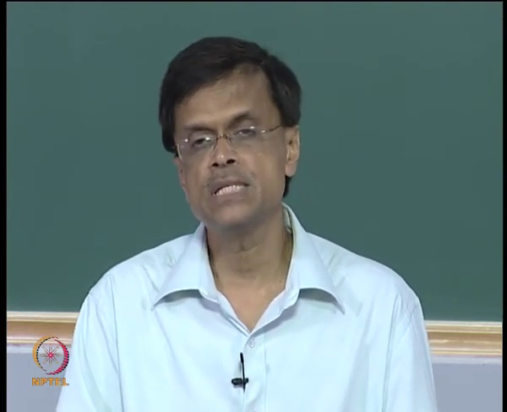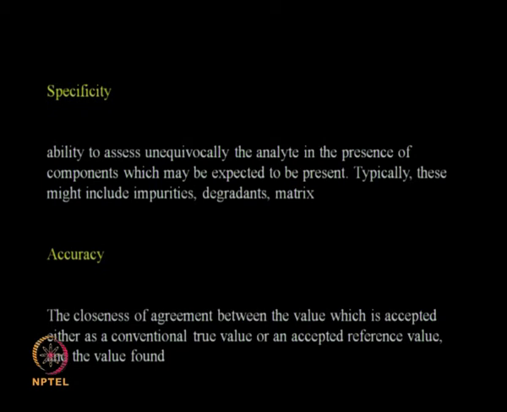Okay. Accuracy is the closeness of agreement between the value which is expected, the reference value, and the value which you found. So you are using the instrument and you are coming up with a certain concentration value for a component. How close is it with respect to what is expected or what is the reference? That is what is called accuracy.